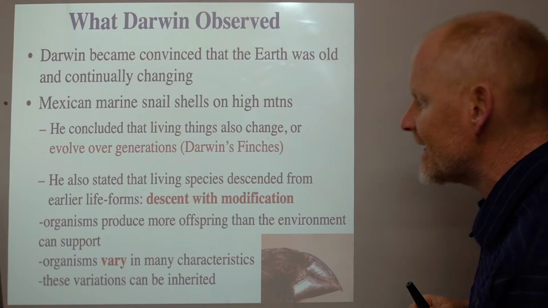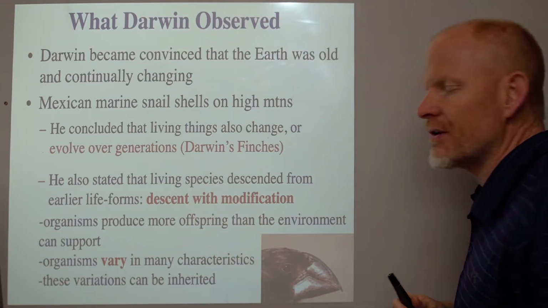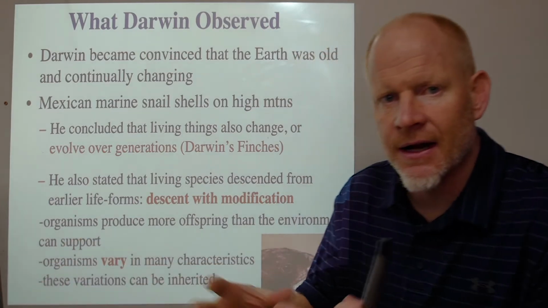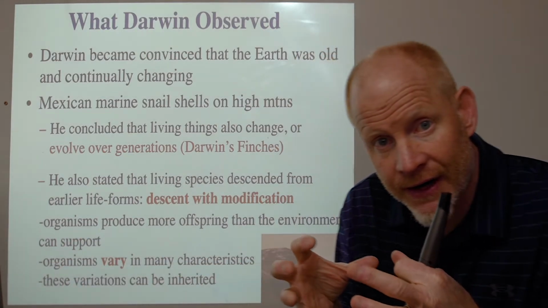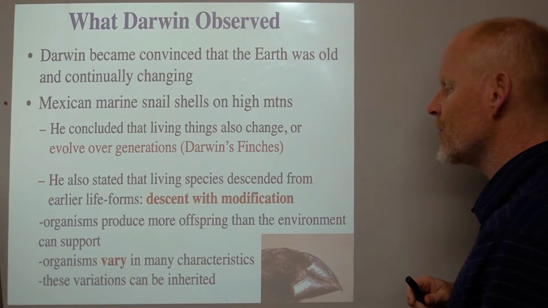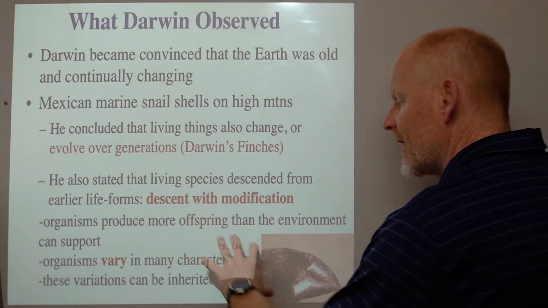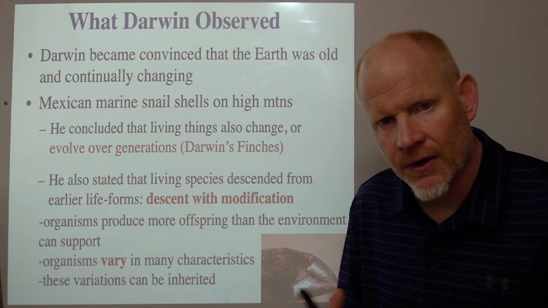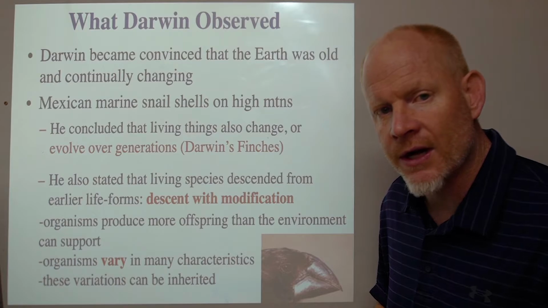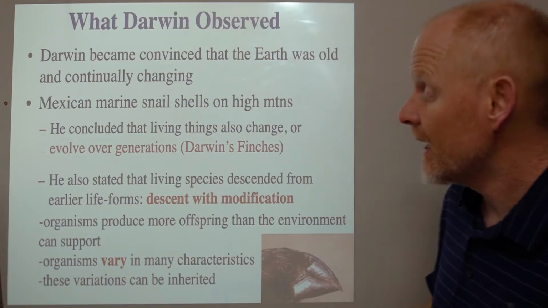And he called this descent with modification. That is, if you follow a generation through time, it's going to eventually develop enough microevolutionary adaptations to change into new species. And organisms produce many more offspring than the environment can support. It's another conclusion that he made. And because of that, these offspring or organisms will compete for food sources, for example.